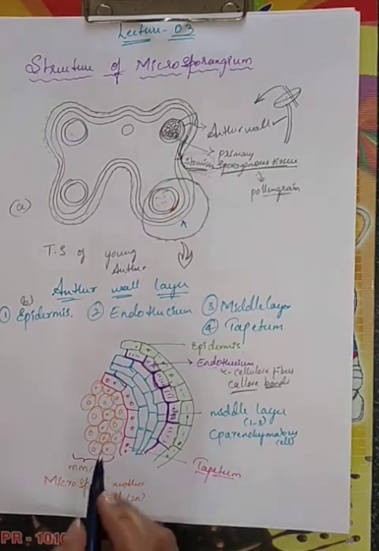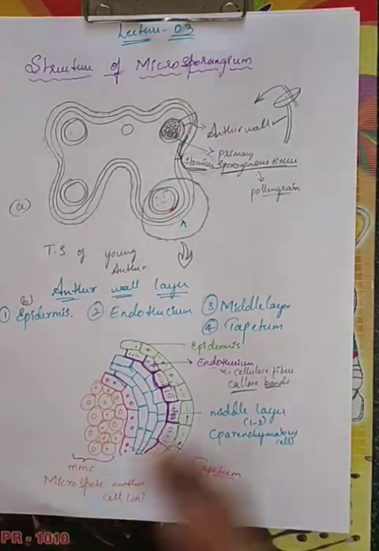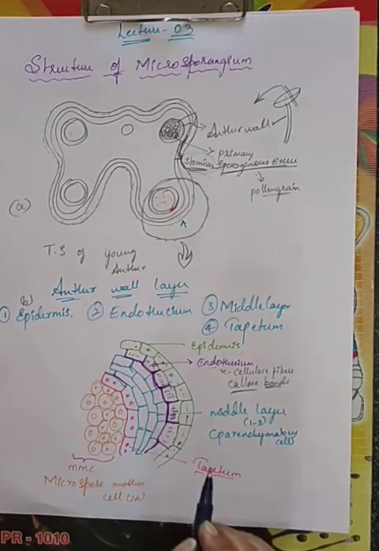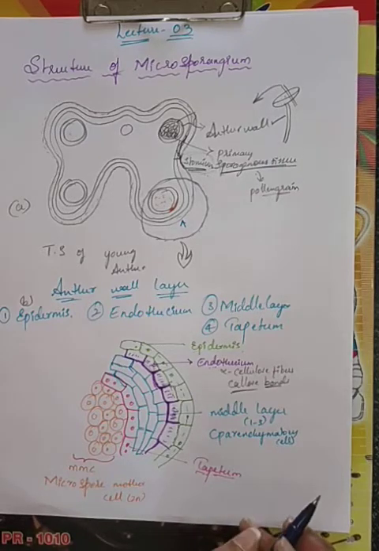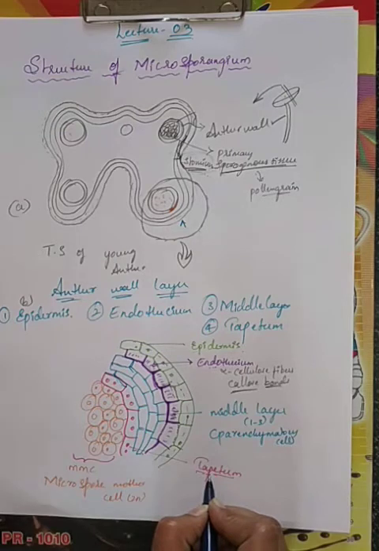Here these microspore mother cells, or pollen grains in future, were nourished by whom? This tapetum. It is called the nourishing membrane.